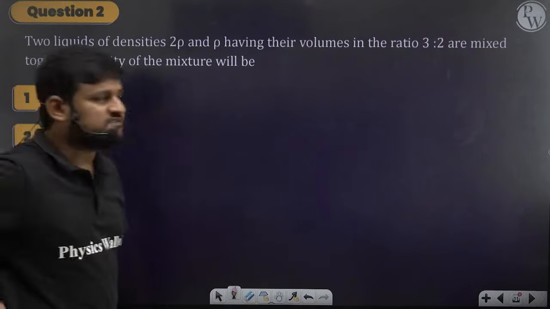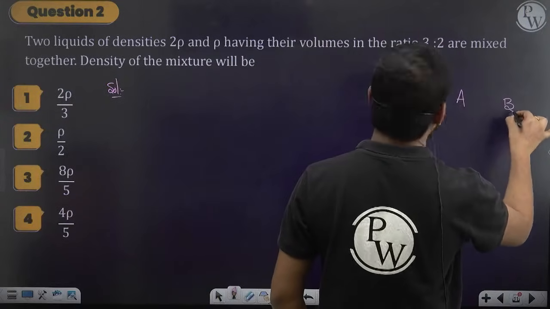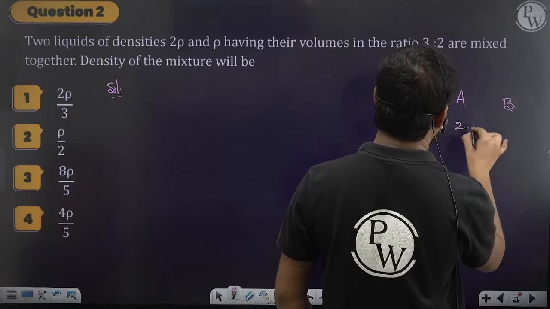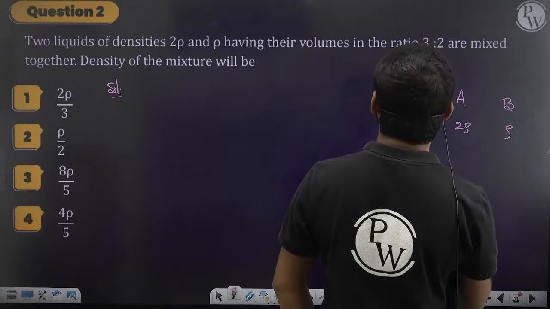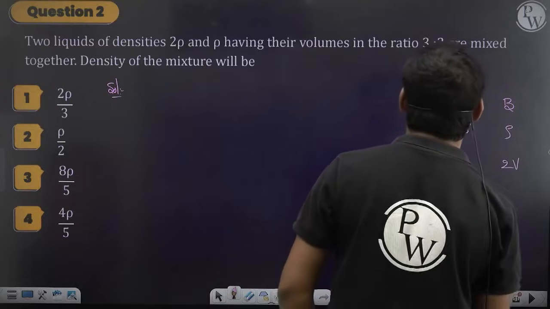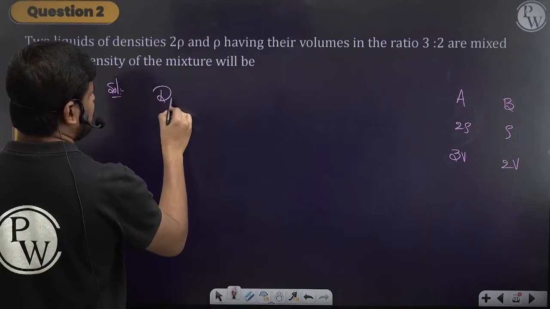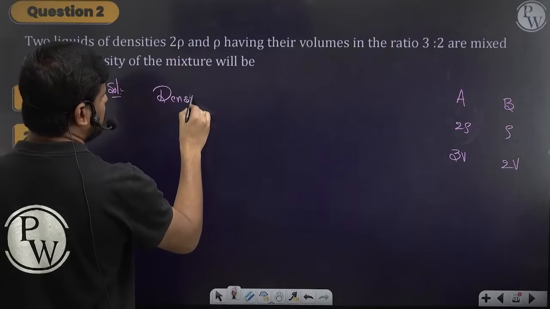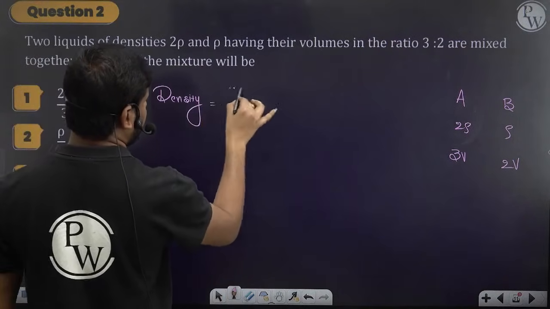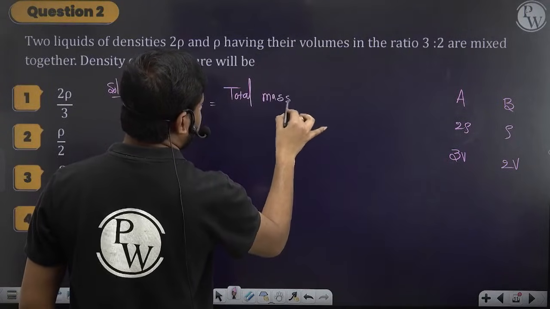So there are 2 liquids: the first liquid A, the second liquid B. The densities are 2ρ and ρ, and their volumes are in the ratio, A is 3V and B is 2V, and they are mixed. Then the density of the mixture is always total mass upon total volume, right?